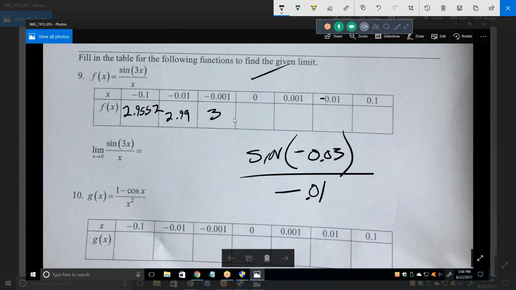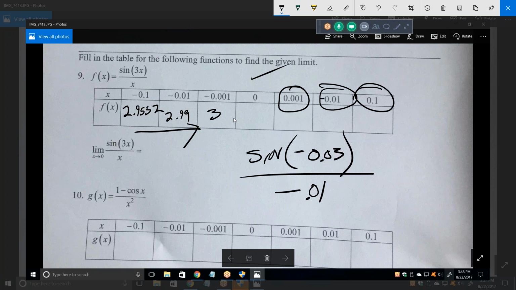Exactly. However, what can you say based on this progression? What is the limit of this function as I approach 0? 3. Probably. Well, we can't really know until we do those three.